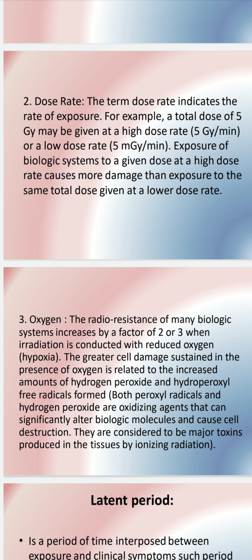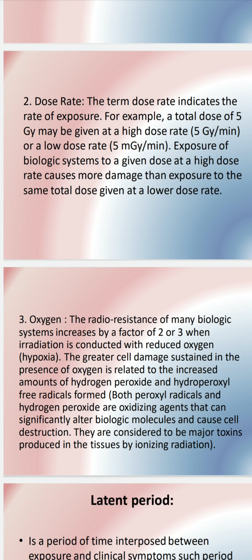Oxygen. The radioresistance of many biological systems is increased by a factor of 2 or 3 when irradiated in contact with reduced oxygen, hypoxia. The greater cell damage sustained in the presence of oxygen is related to the increased amount of hydrogen peroxide and hydroxyperoxyl free radicals.